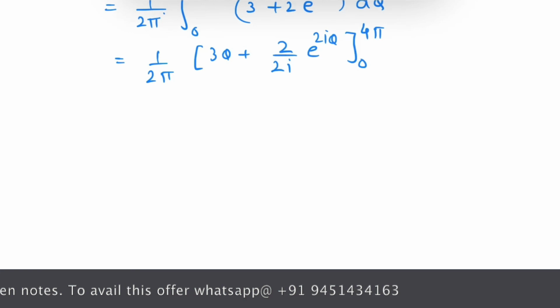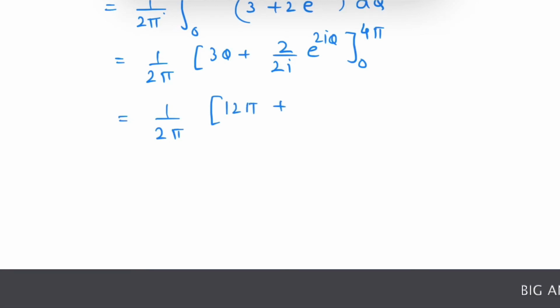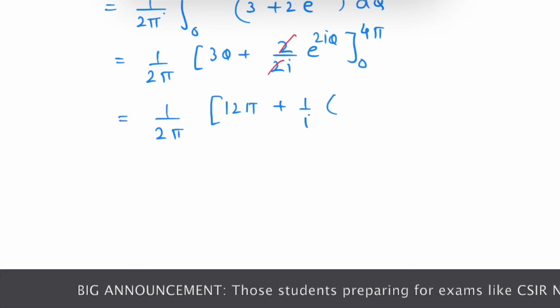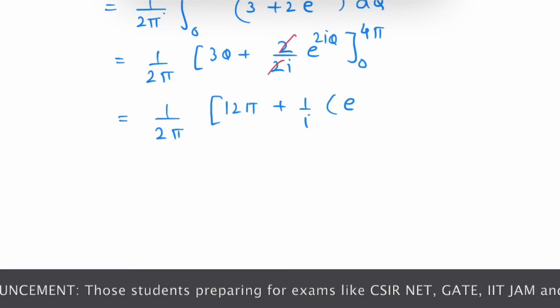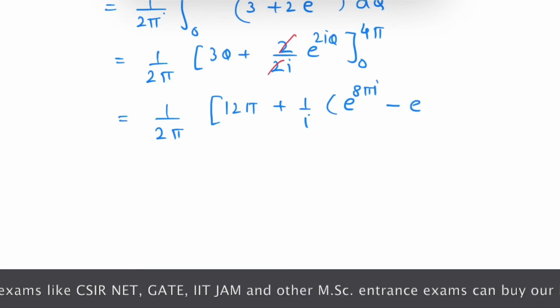Now let's put the limit. So after putting the limit we'll have 12 pi plus, this 2 cancels out, so we have 1 over iota, and in the bracket we'll have e raised to power 8 pi iota minus e raised to power 0.